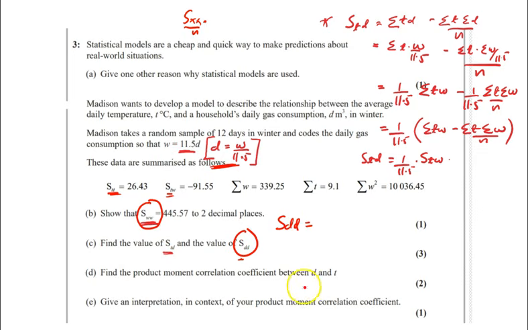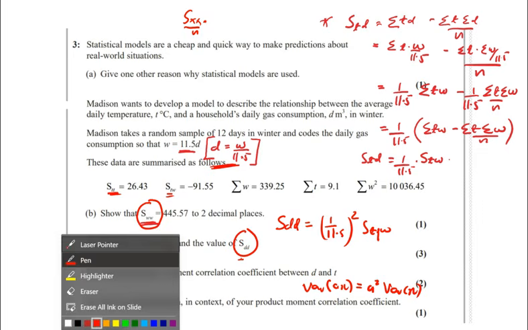Remember the variance formula: the variance of aX is a squared times the variance of X. That means STD is going to be equal to 1 over 11.5 squared multiplied by STW.